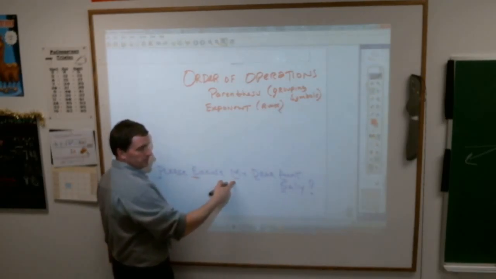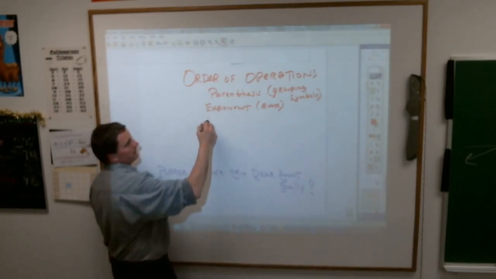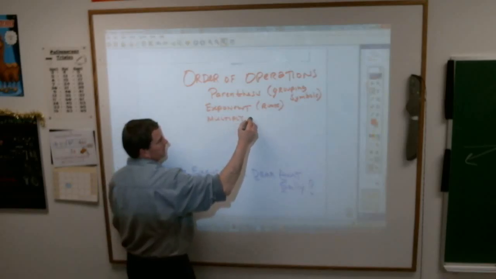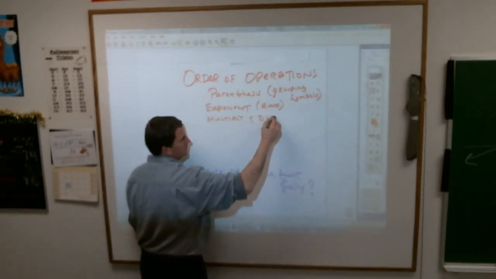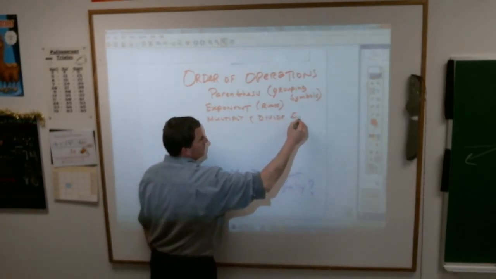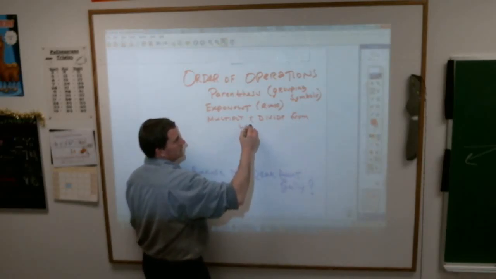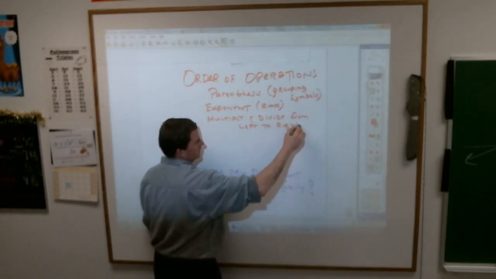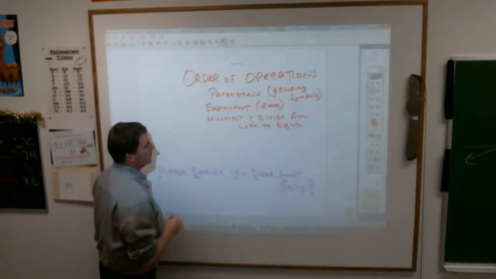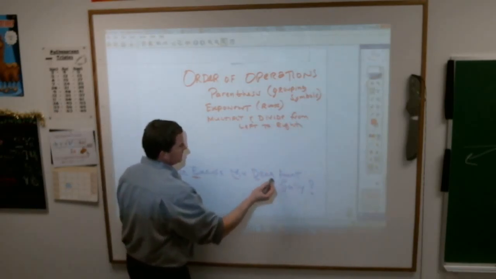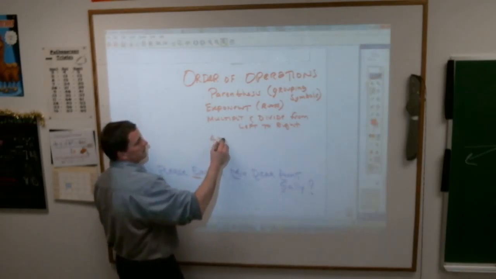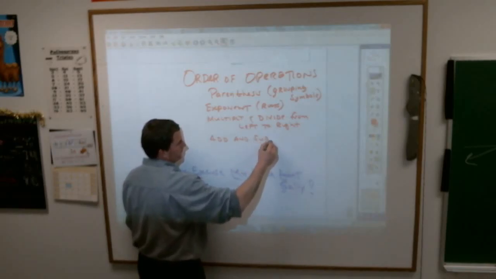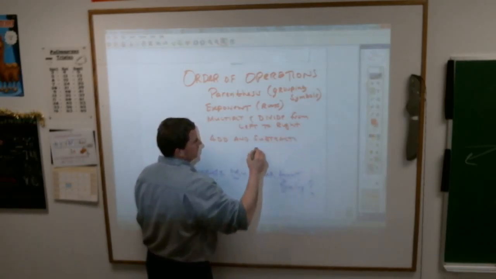M, maybe you've heard of this before, multiply and divide. They're on the same level, actually. Multiply and divide from left to right. We won't get as much into this as we will next year. And then the last one, A and S, add and subtract from left to right.